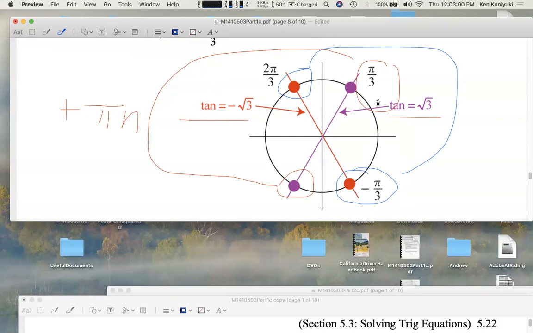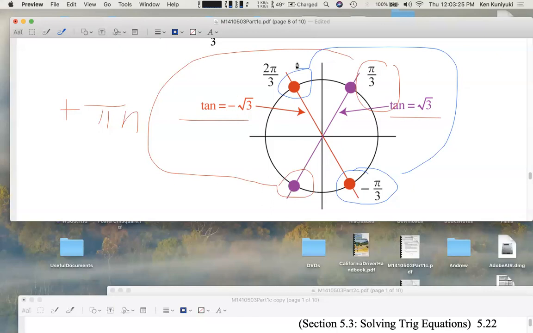Okay, so once again, how do we get all the brothers? So from pi over 3, this is pi over 3 plus 0 pi, and then plus 1 pi, we're here in quadrant 3. If we do plus 2 pi, we're back to this point in quadrant 1. Plus 3 pi over here, plus 4 pi over here, and so forth. If you do minus 1 pi, then you go clockwise over to this quadrant 3 point.